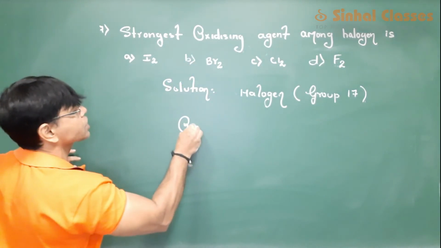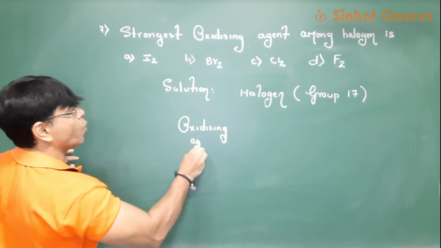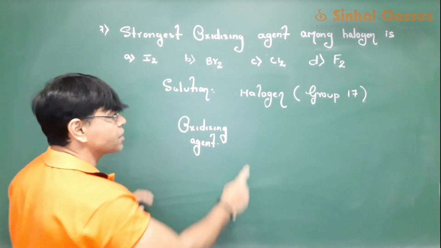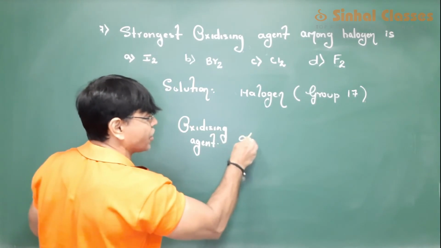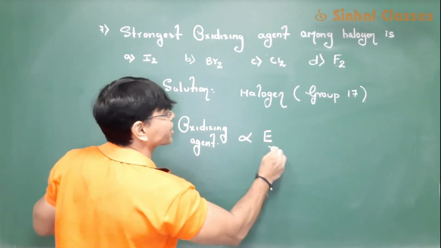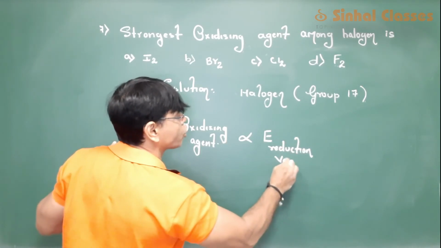You know, oxidizing agent, the one which is a very strong oxidizing agent has a very high reduction value. So oxidizing agent is directly proportional to those which have a very high reduction value.